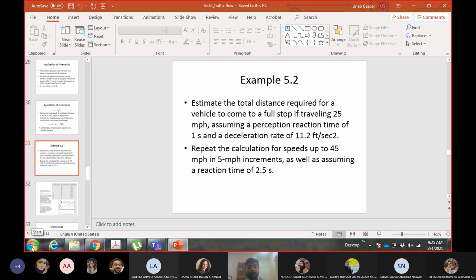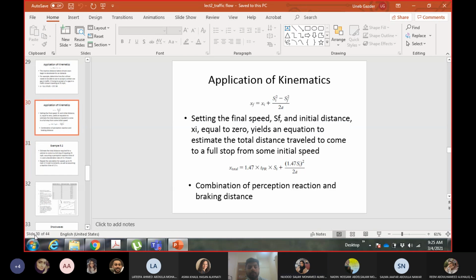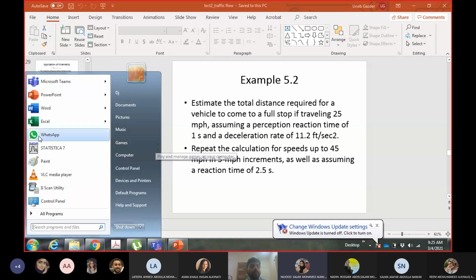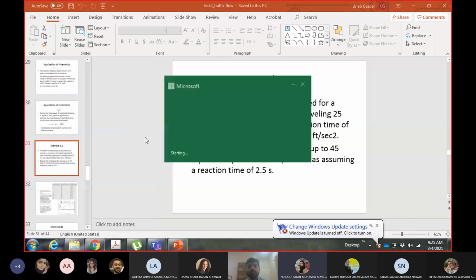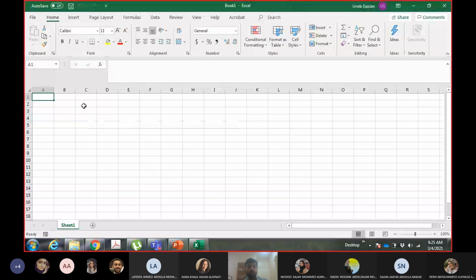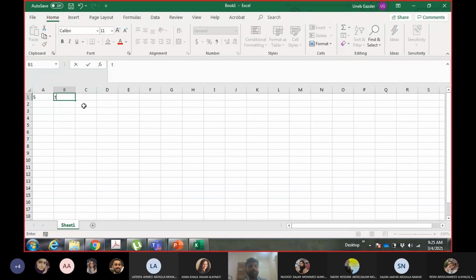Doctor, the first number, I think it was wrong. It's 157.3. Yeah, there was a mistake. So they are asking us to change the speed and the time.